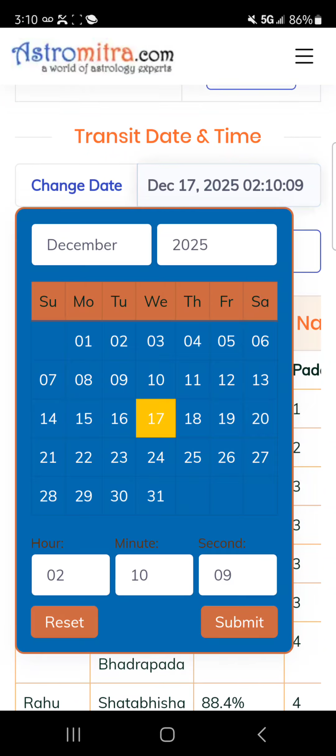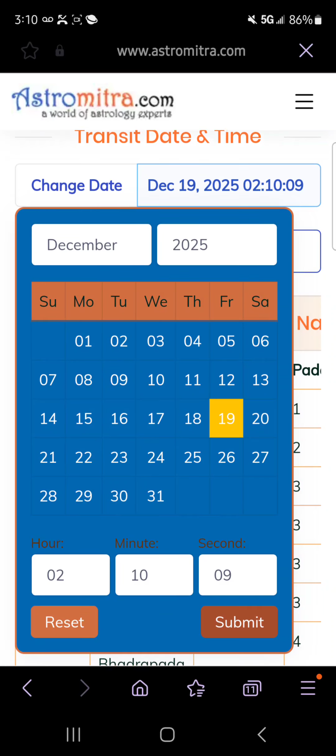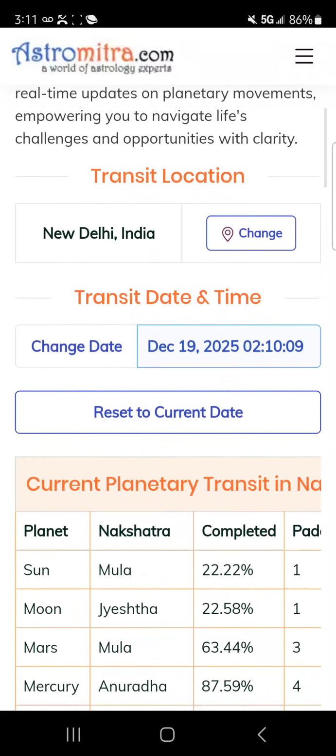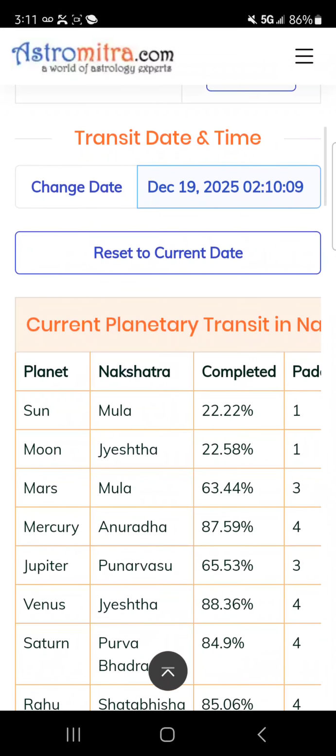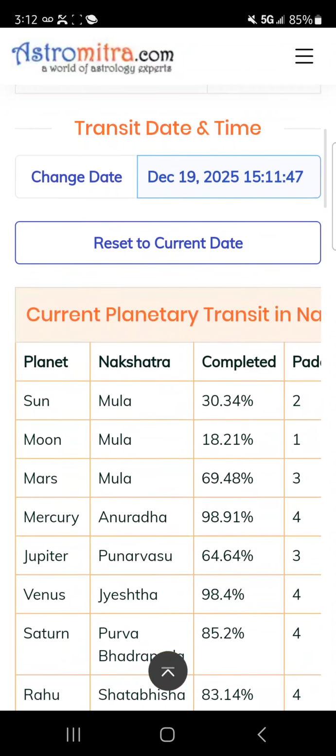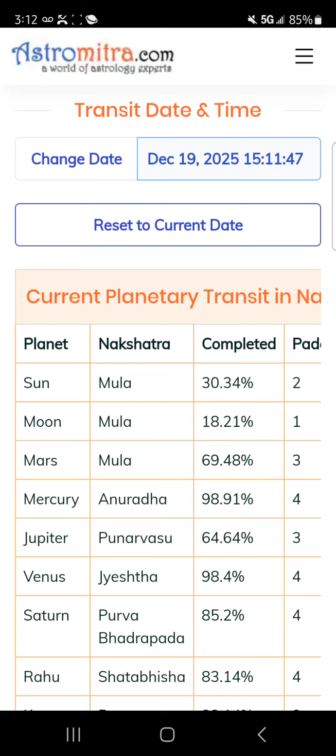So, let's fast forward to December 19th. That's when 3I/ATLAS will be making its closest approach to the Galactic Center. Sorry, I had to change the location here because I'm not in India, so that matters. So what we have here is the Sun, the Moon, and Mars all in Mula Nakshatra.